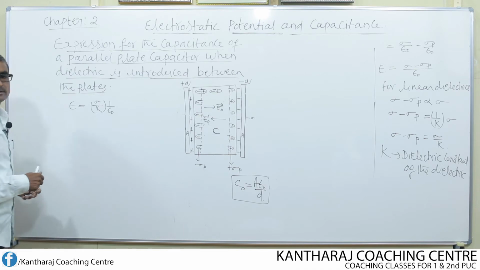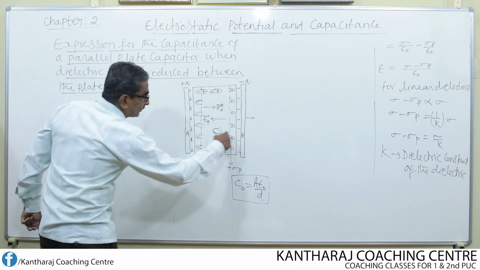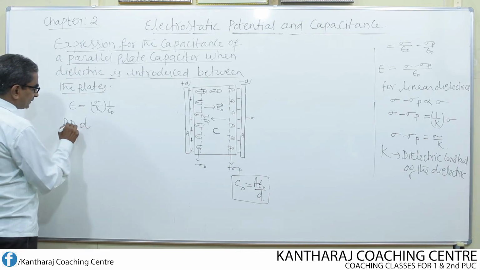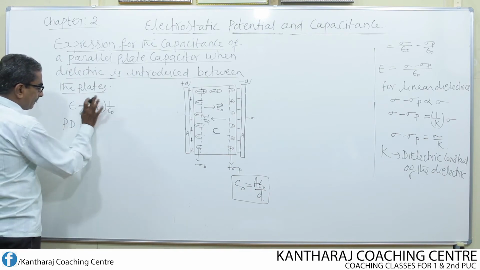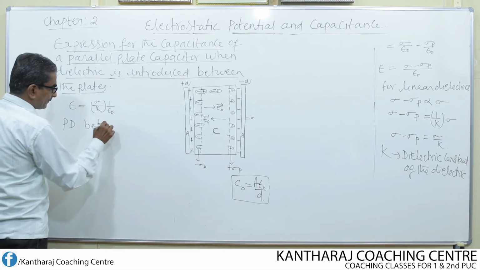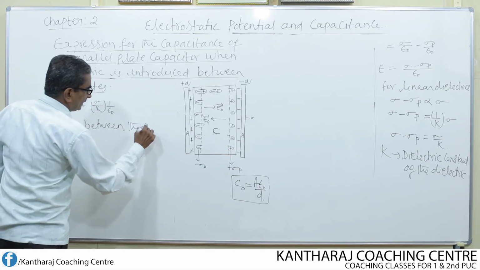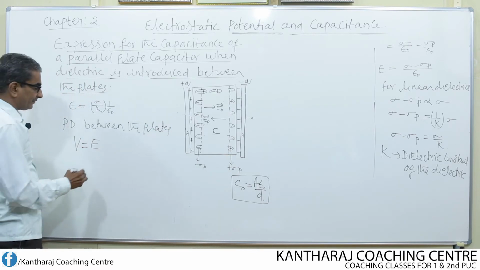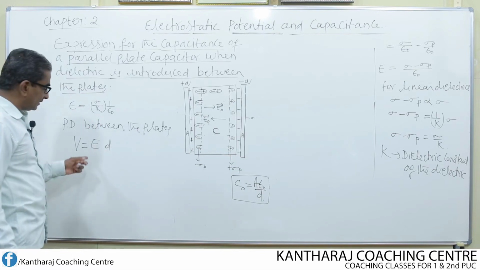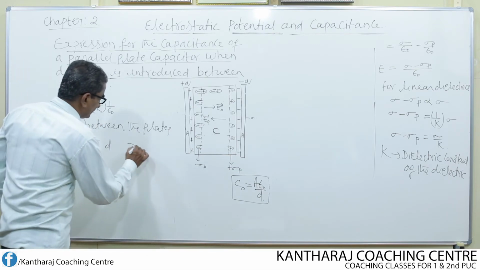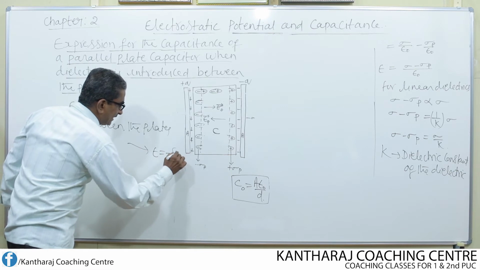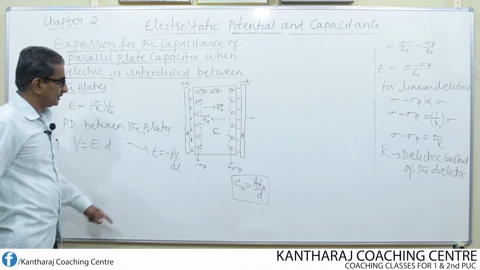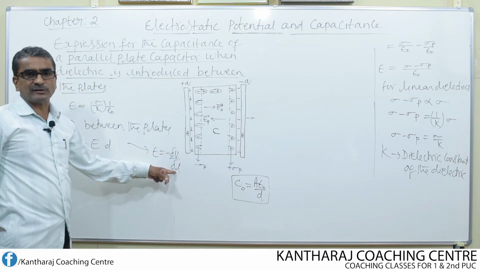Now, let us consider the potential difference between the two plates. It is given by V equal to E into D. Once again, what is the basis for this equation? You know that E equal to minus delta V by delta L, neglecting the negative sign, we consider only the magnitude: potential difference divided by distance of separation.